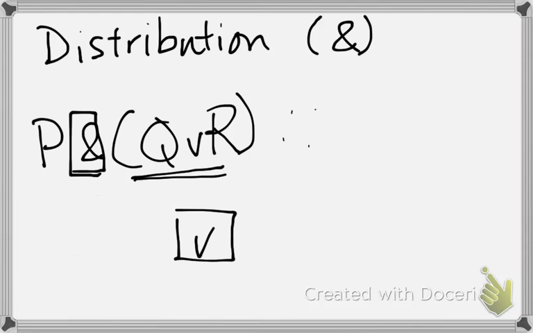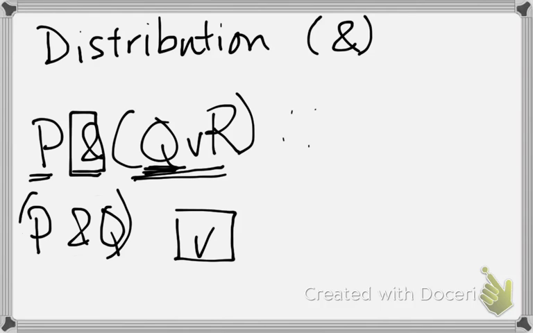And then the left disjunct will be whatever letter is right here, the P, joined by an and to the left disjunct of the original disjunction. So you started with and as the main connector and ors as a sort of subconnector.